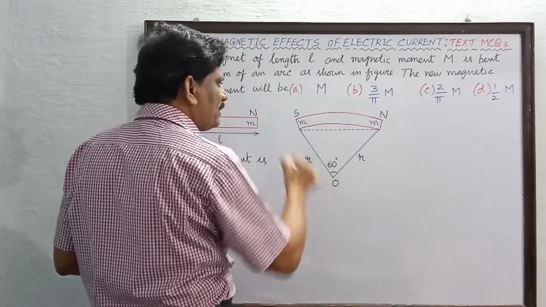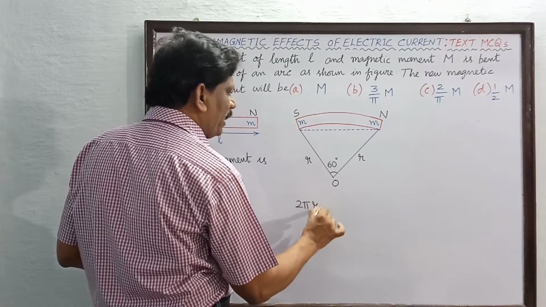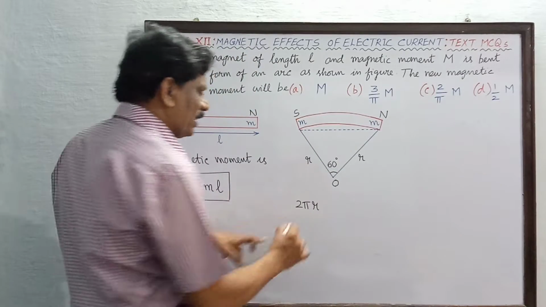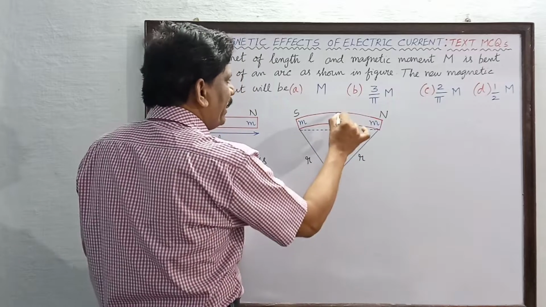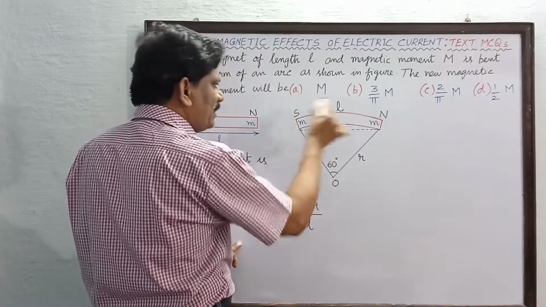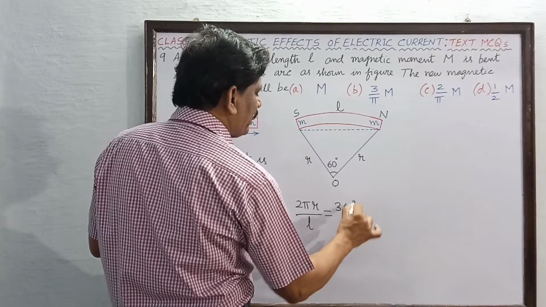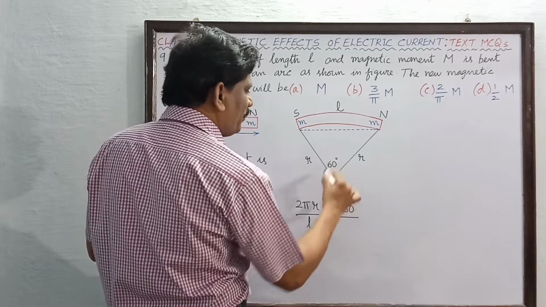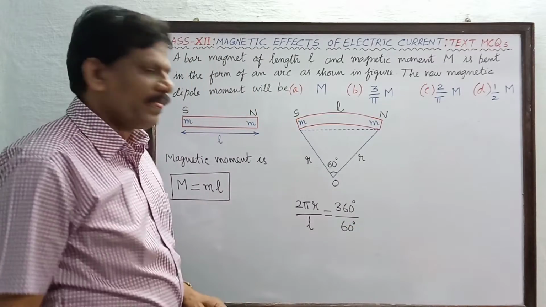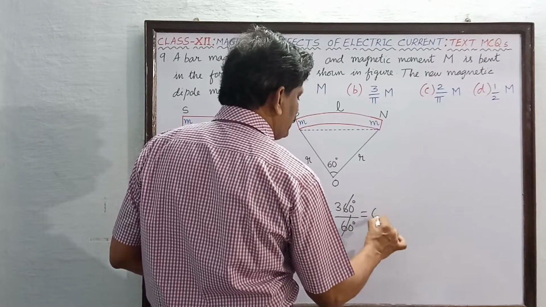Therefore in this case, the total circumference 2 pi r, if you extend this for a whole circle, divided by the length L, is equal to the total angle of the circle divided by the angle subtended by the arc, that is 60 degrees. So 360 by 60 is 6.